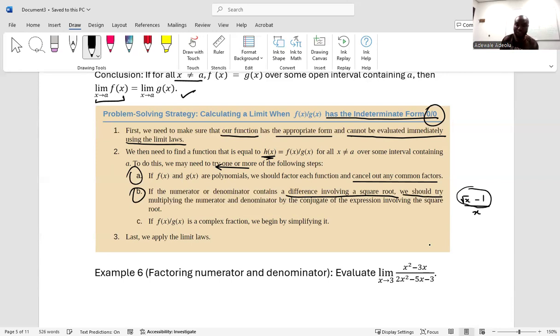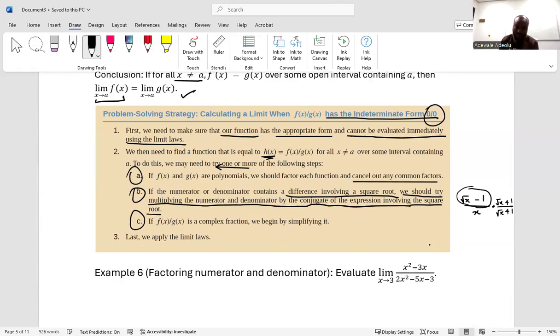We should try multiplying the numerator and denominator by the conjugate of the expression involving the square root. In this case, the conjugate of this is root x plus 1. So I will multiply that.